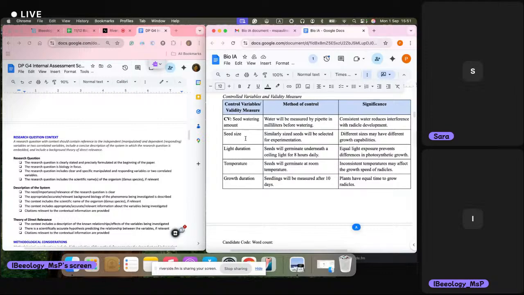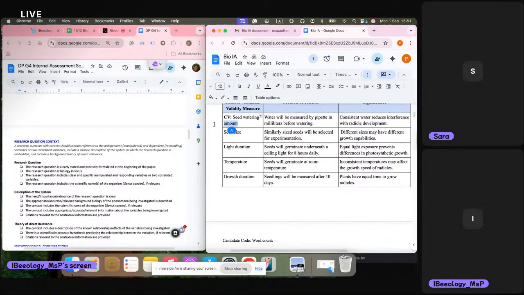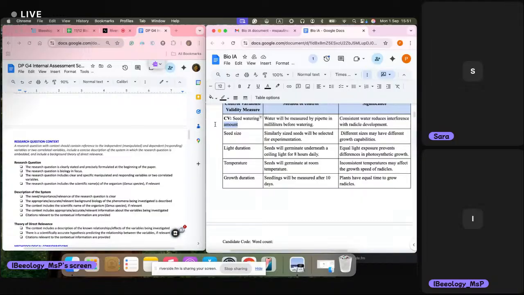Okay. Control variable is what, the volume, right? As much as possible, we use words that can be measured. Amount is not measured, right? But volume we can measure. What is the unit of measurement for volume?